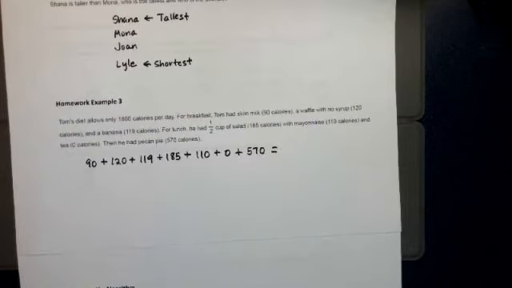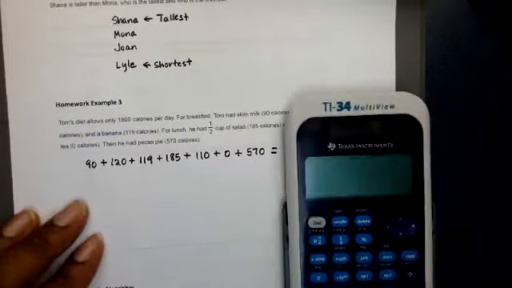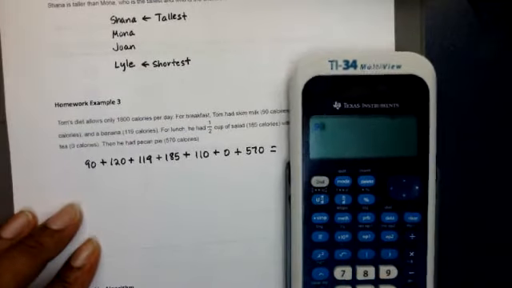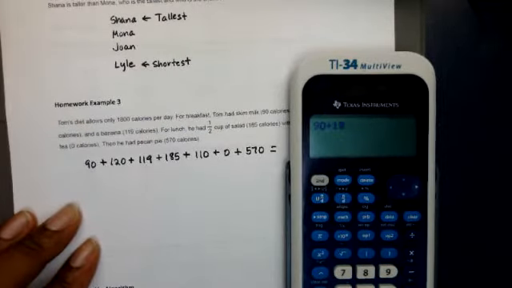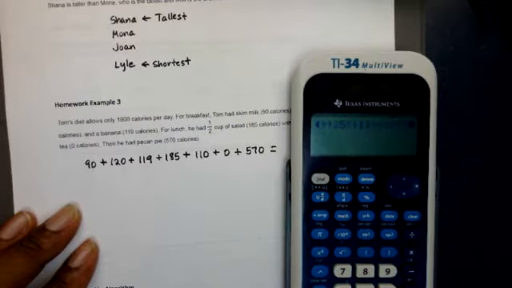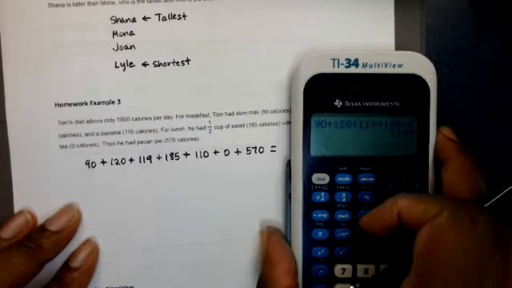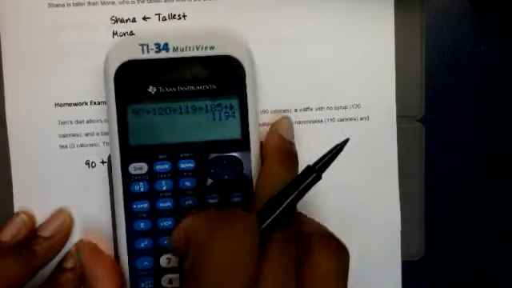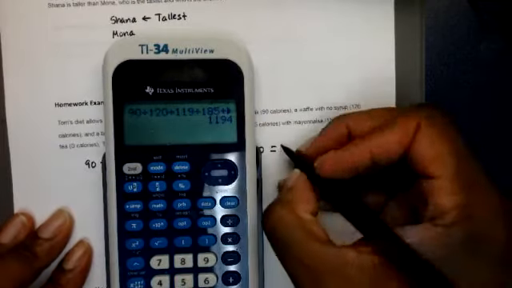So in this case, if we were to add these numbers together, it'll be 90 plus 120 plus 119 plus 185 plus 110 plus 0 plus 570. So far he has had 1,194 calories.